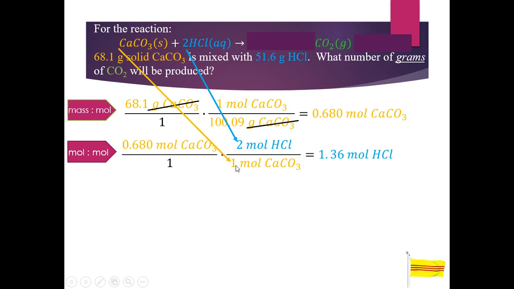So we just carry those values down, pretty straightforward. And then moles of calcium carbonate is going to cancel out, numerator and denominator. So for this one, the denominator is just 1 times 1, which is just 1. And then we just multiply 0.68 times 2. So if you punch that in your calculator, you should get 1.36 moles of hydrochloric acid.